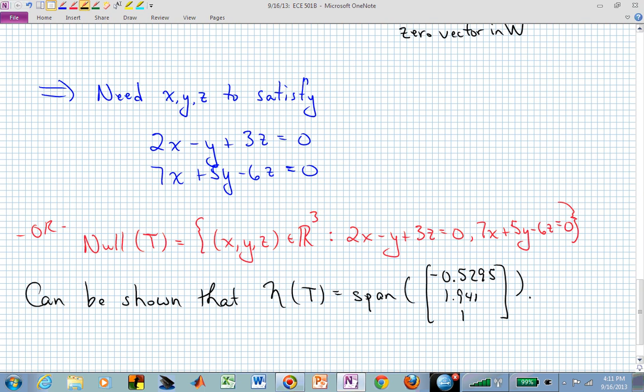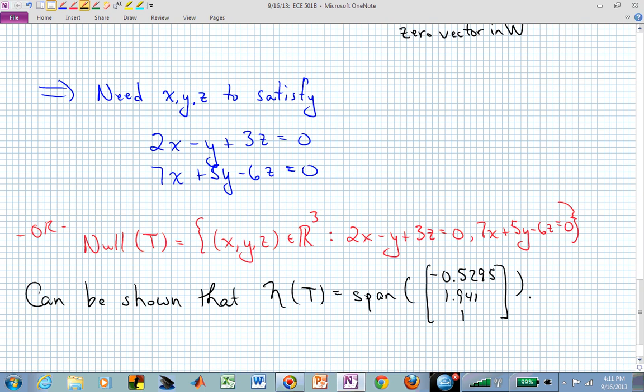If x, y, and z are in the proportions given by this not real neat relationship, then points on that line will map to 0, 0 in the two-dimensional plane, or this two-dimensional space. Questions on that?